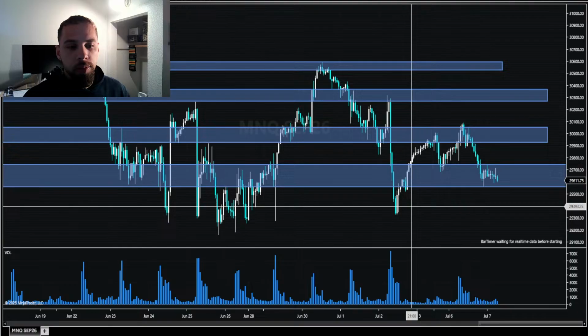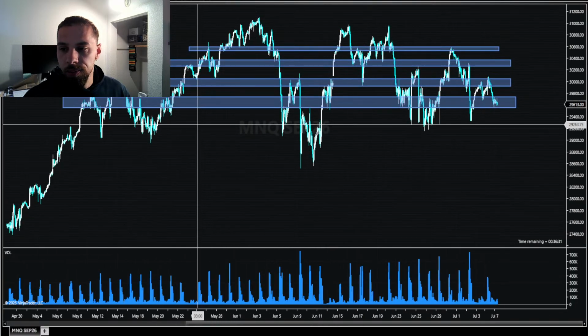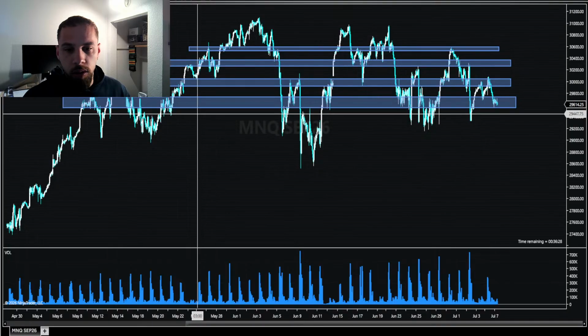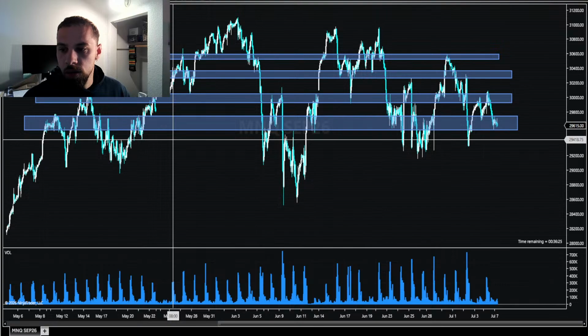So, 60-minute chart here. Just looking around, seeing if there's any other obvious levels. If price can flush, it could potentially make its way down to here. CBF6 actually.